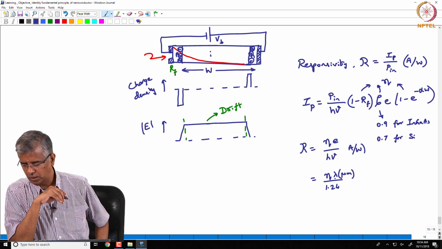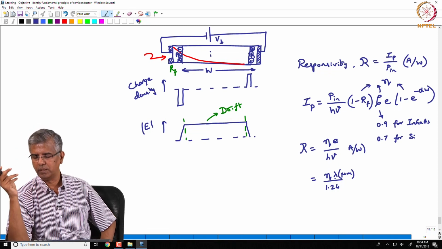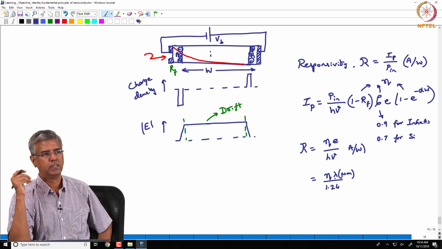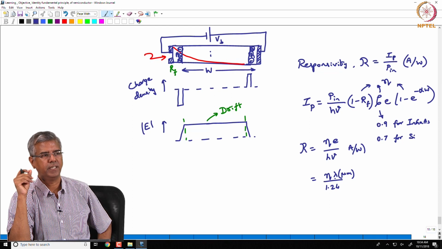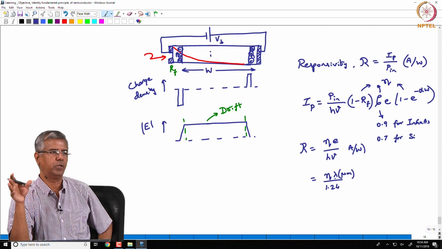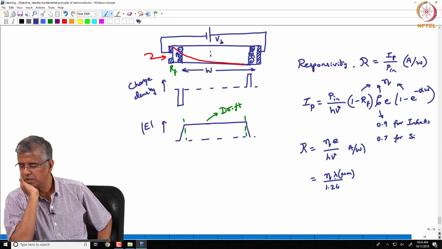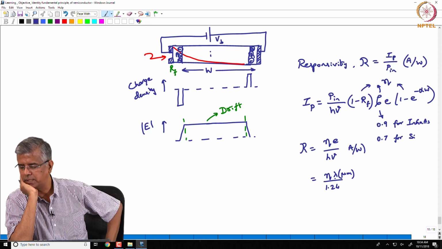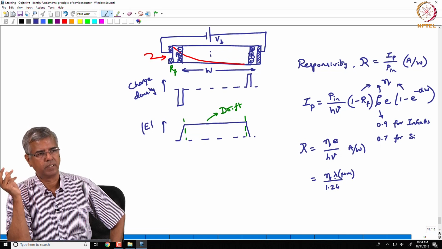So, eta now, your RF can be reduced. How do you reduce RF? The reflectivity at the facet? You could do an anti-reflection coating there, right. So, that can reduce RF. In zeta, you are stuck with whatever material that you are given, right.